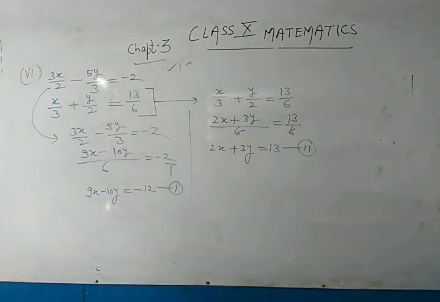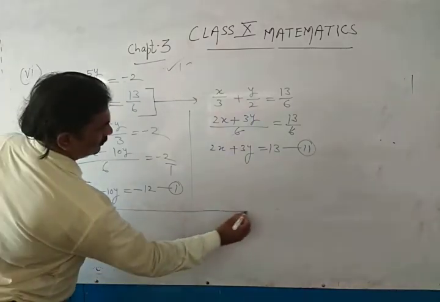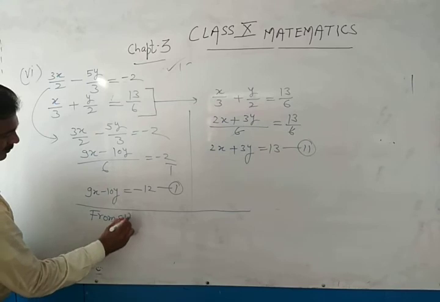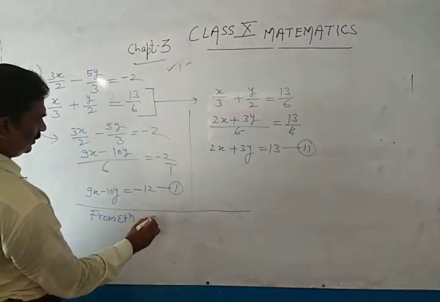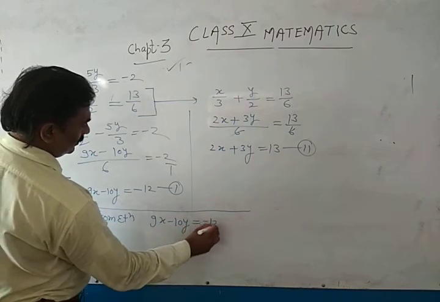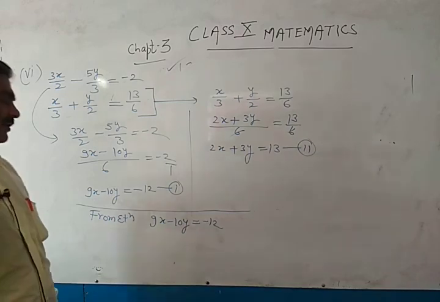Now from equation 1 we have 9x minus 10y is equal to minus 12. From this equation, we will write the value of y in terms of x.